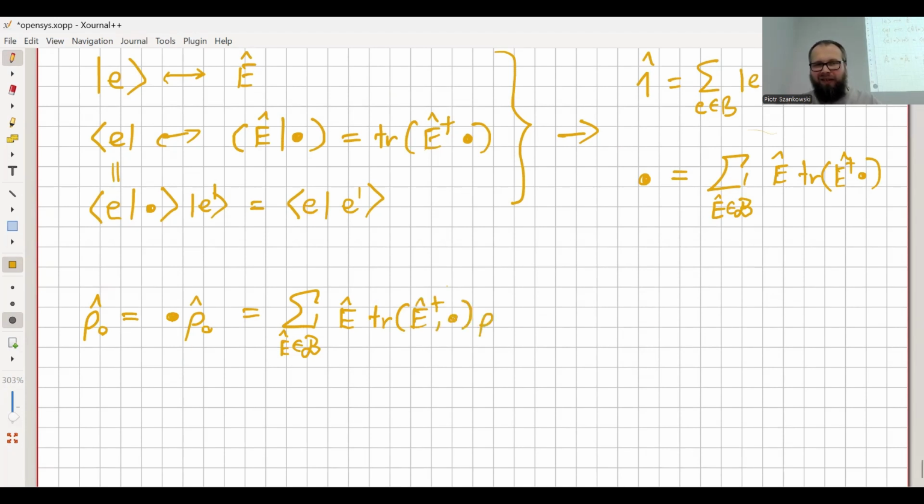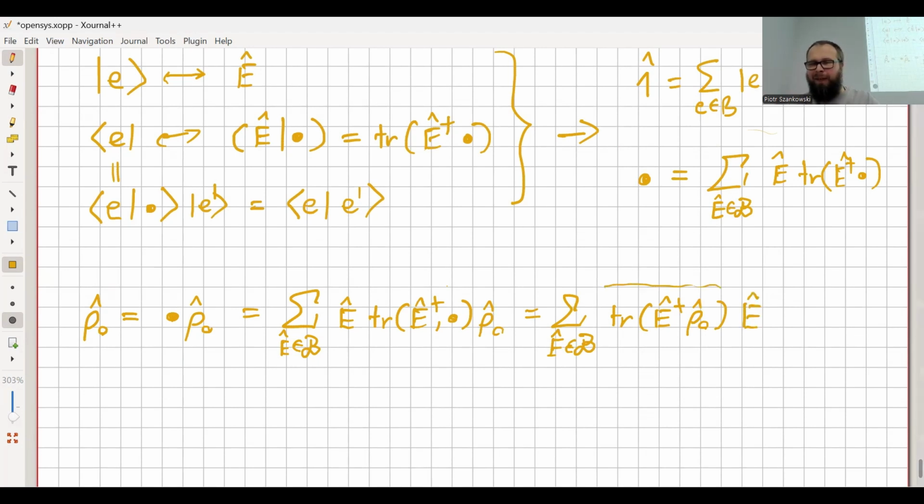Row 0. But this is something we can actually just calculate. Trace E dagger row 0. We know how to do it.